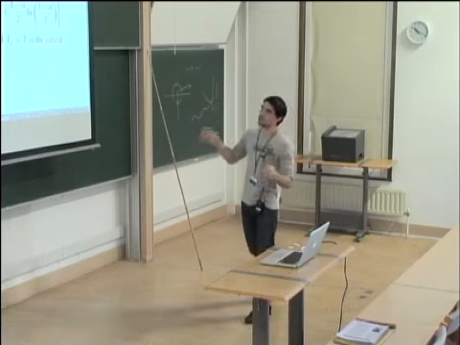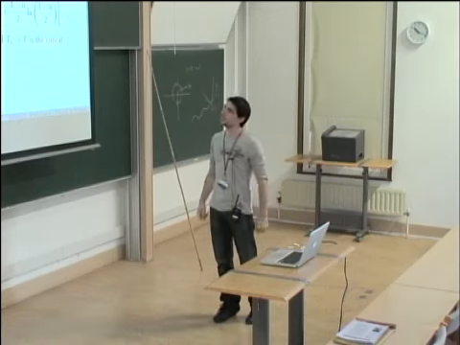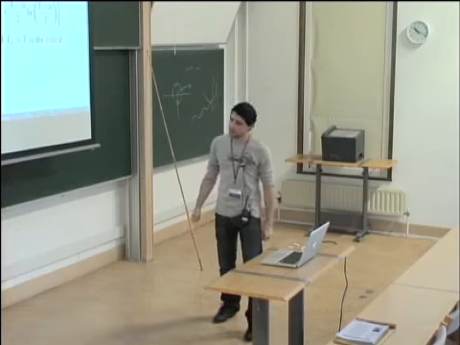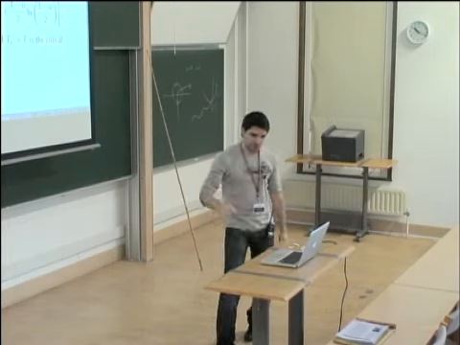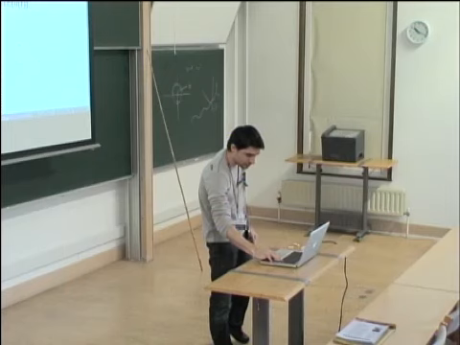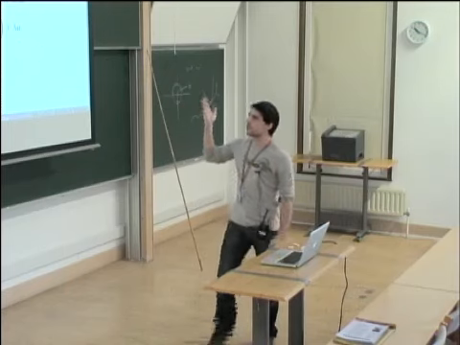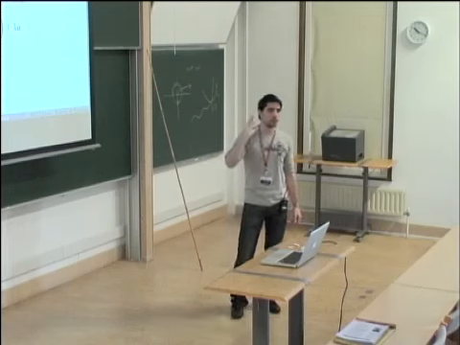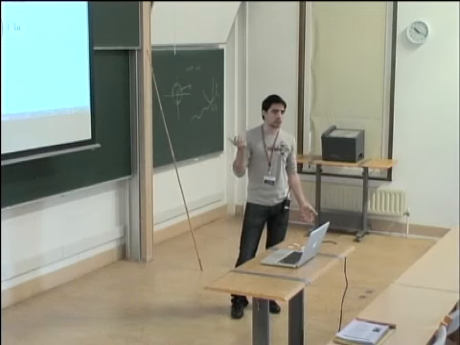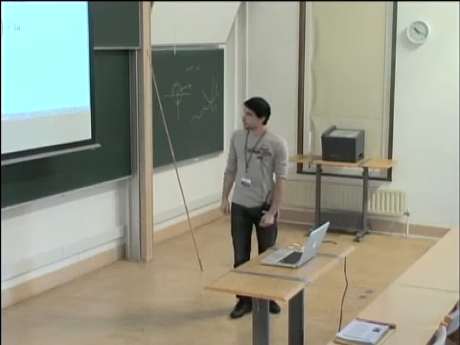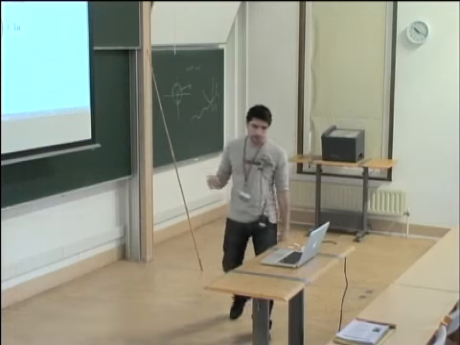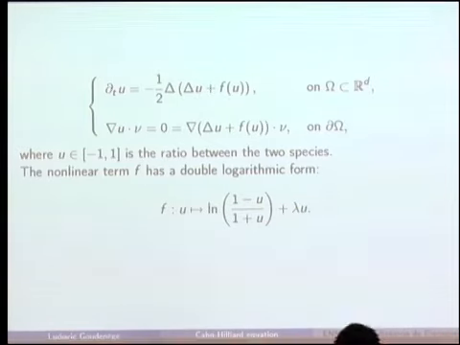We are mathematicians, so we don't keep the constants, we mix them, and we just have this parameter lambda, which is like a ratio between the temperature and the critical temperature. But it's not very important.